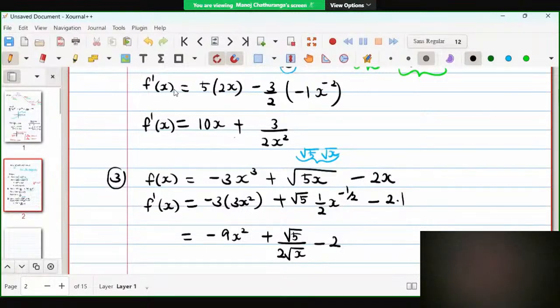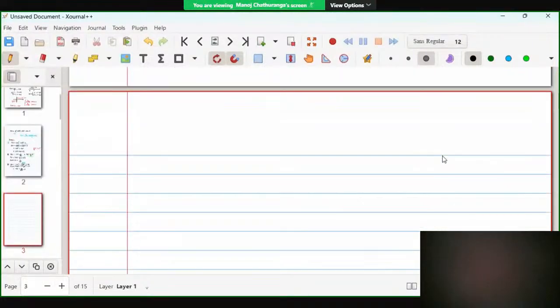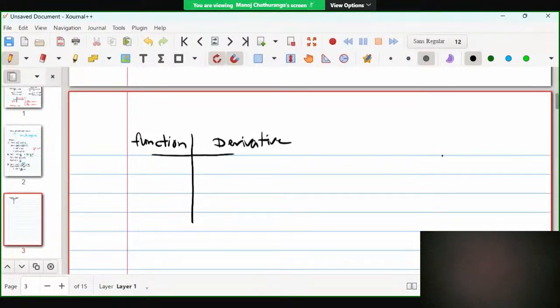So now we have 3 rules. Function, derivative.